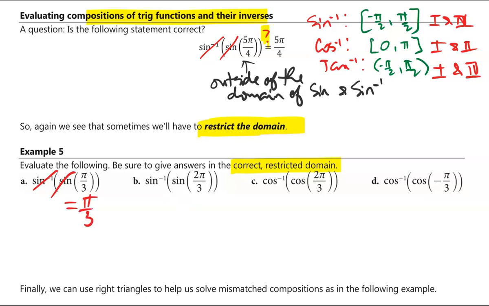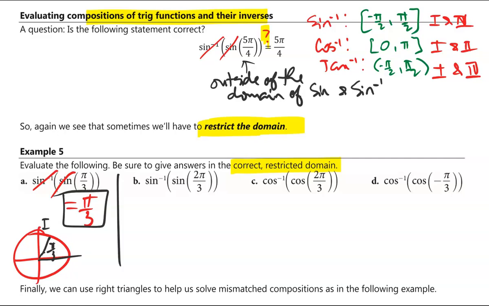And inverse sine is from negative pi over 2 to pi over 2, and you know that pi over 3 is here. This is pi over 3. That's in quadrant 1. So this is the answer for letter A.